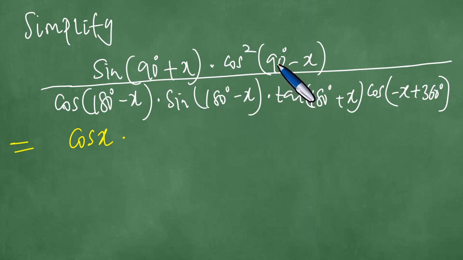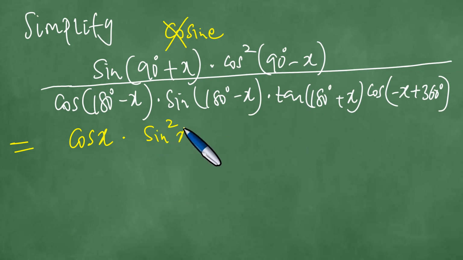What does cosine squared of (90 degrees minus x) become? Because of the co-rule, if there's 90 degrees, remove the co. In the word cosine, if you remove the co, you're left with sine, and that becomes the sine squared of x.